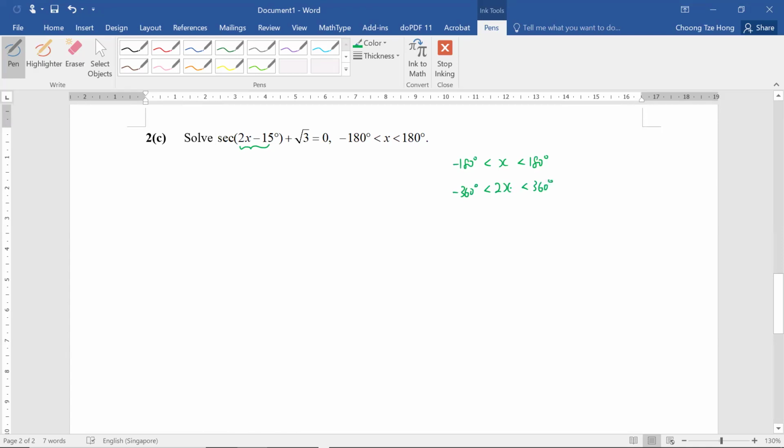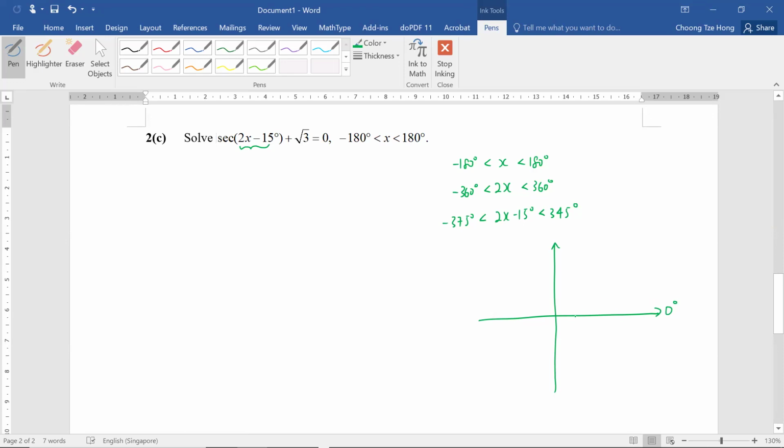Over here we are going two rounds, one round in the positive direction, one round in the negative direction. Then minus 15, so it will be negative 375 to 345. Let's think about the negative range first. Zero degrees is the positive x-axis, and if you are measuring a negative angle, you go in the clockwise direction.